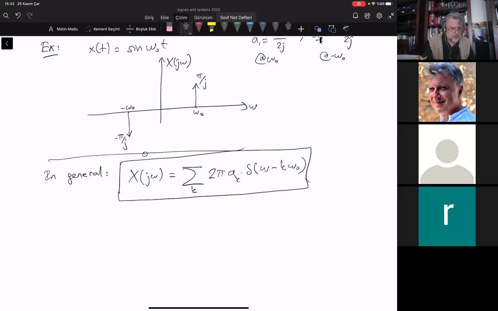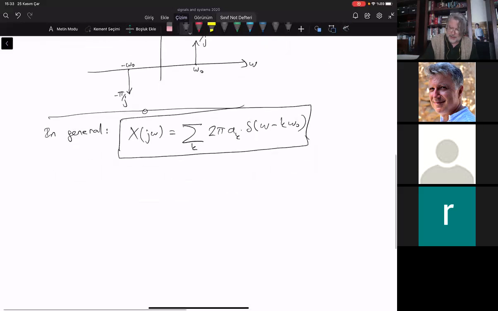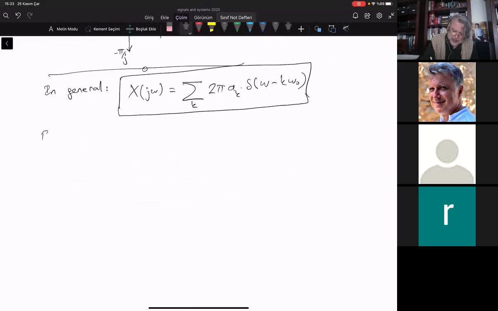Okay, now I may proceed to a further example. Yeah, it's a little bit cumbersome, but we have to maybe go through this example.